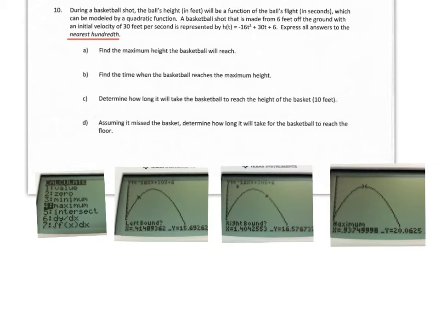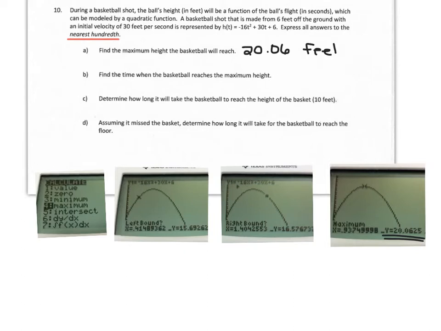So the maximum y value is this one right here. And they want you to round to the nearest, what, hundredth? So to the nearest hundredth, that would be 20.06. And make sure you put your units, and you can see here we're talking about feet. Okay, so this would be feet.